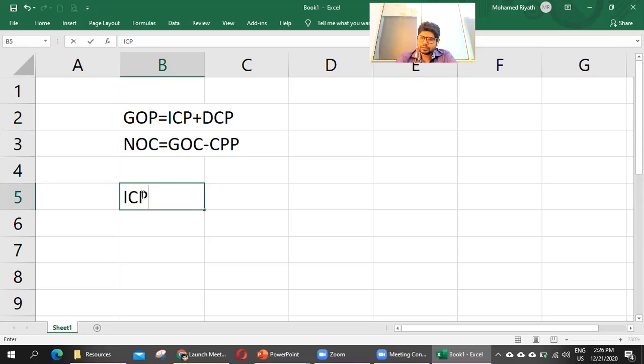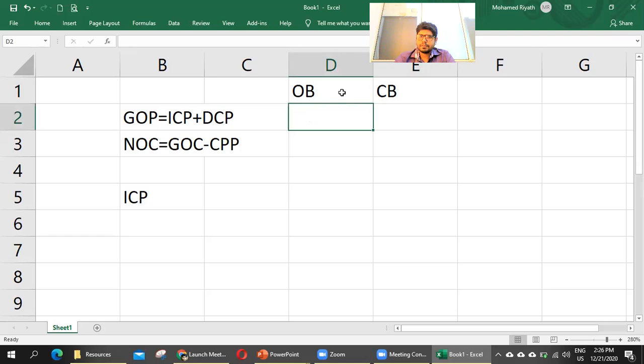So, what is the equation? What information do we need? We need averages, so opening balance and closing balance of what?